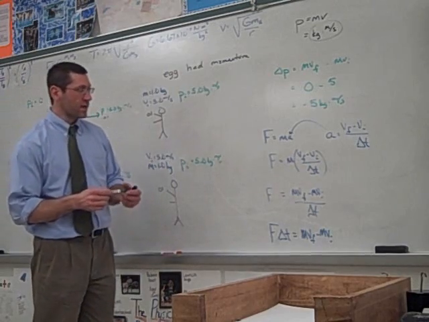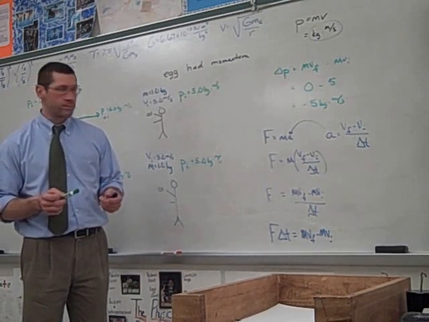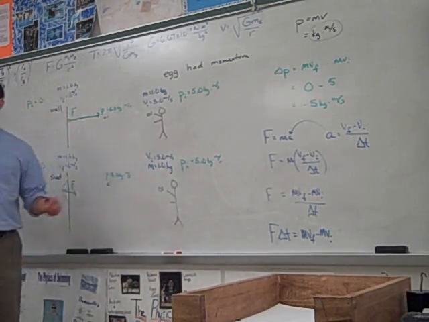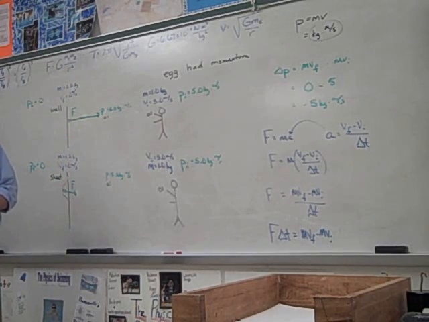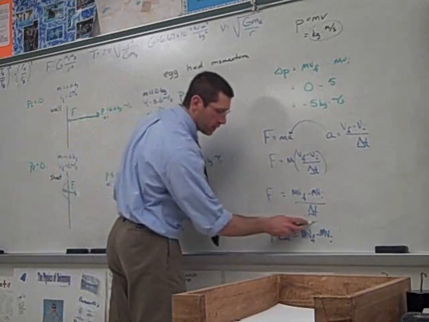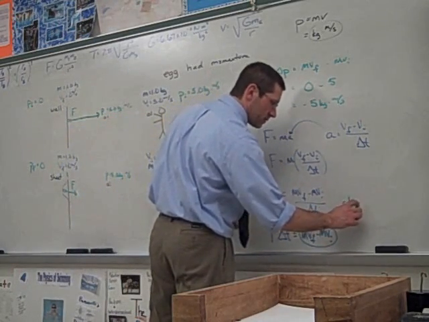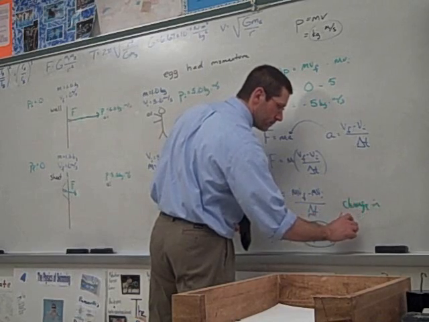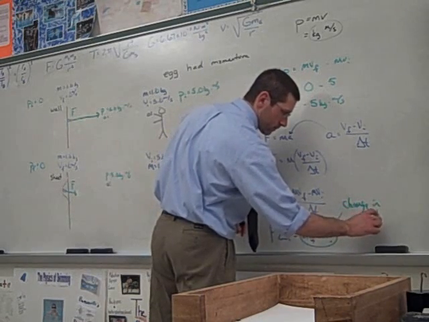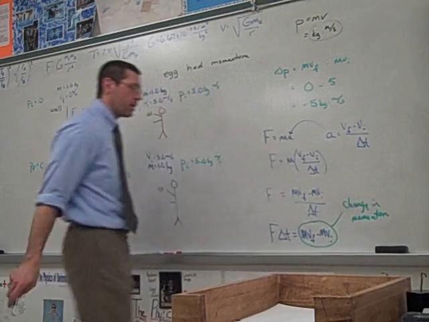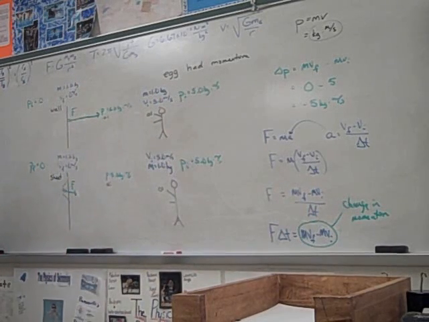So the right side of the equation is what? The change in momentum, right? The right side of this equation is the change in momentum. And now the left side is something else.